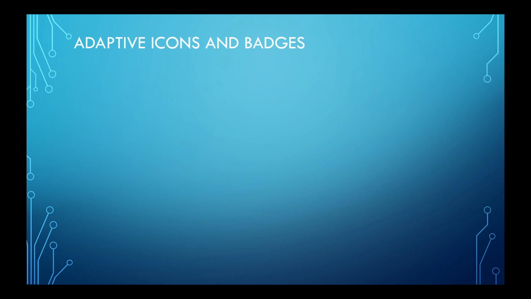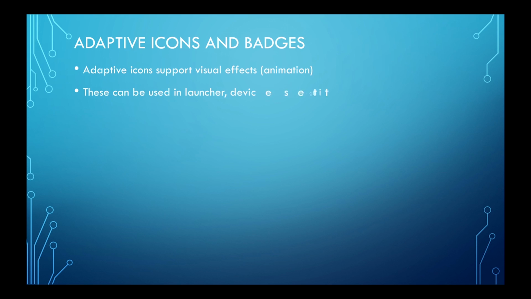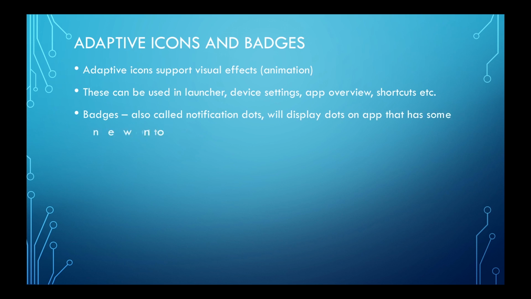Next is adaptive icon and badges. Adaptive icon is basically to improve the visual effect and give you an animated icon. These can be used in the launcher icon, device setting icon, app overview and shortcut icons. And now come to badges.